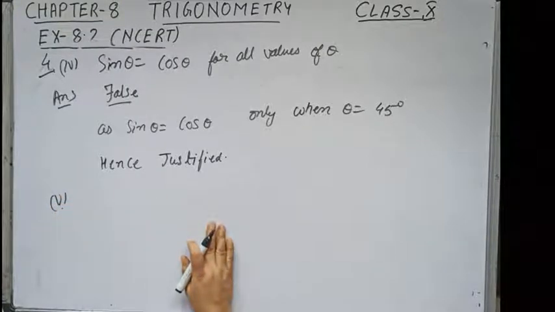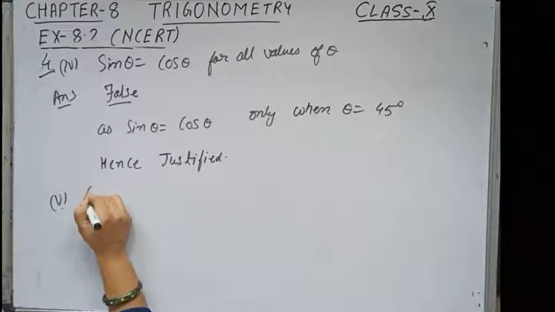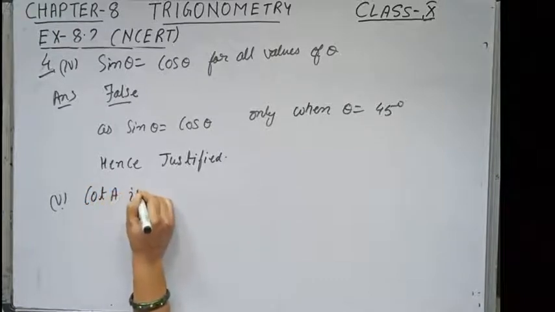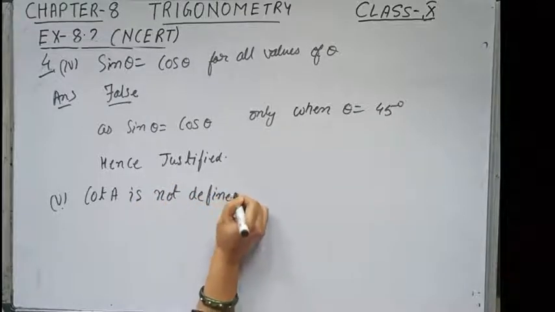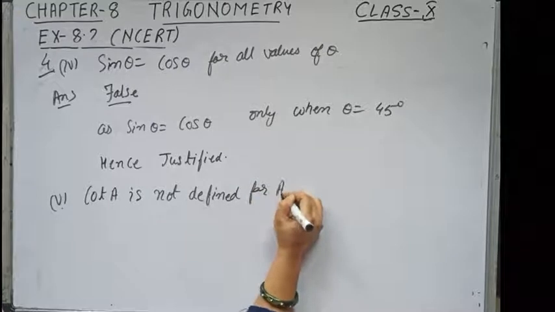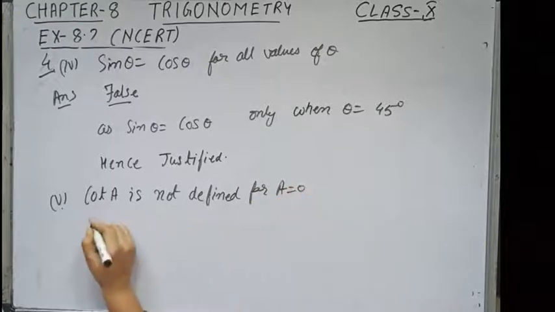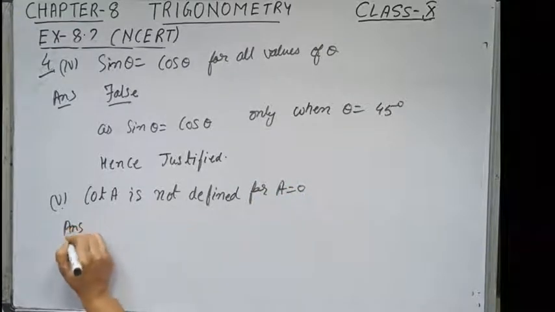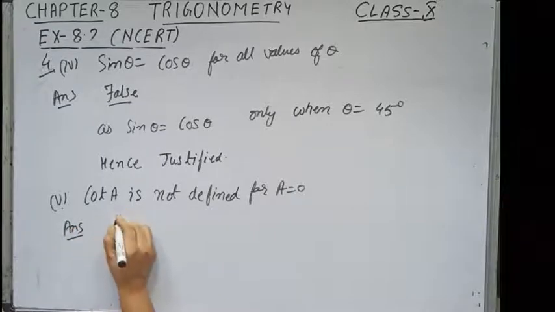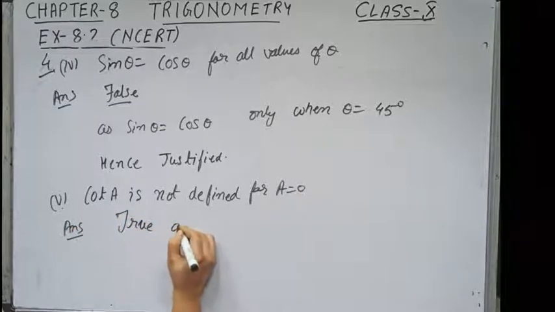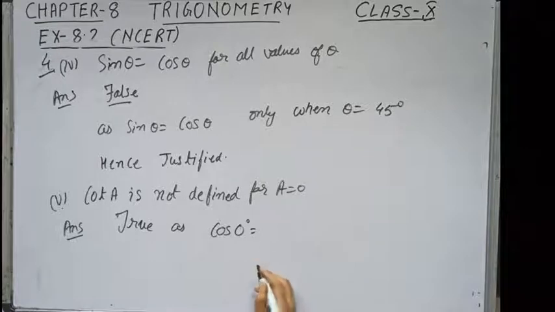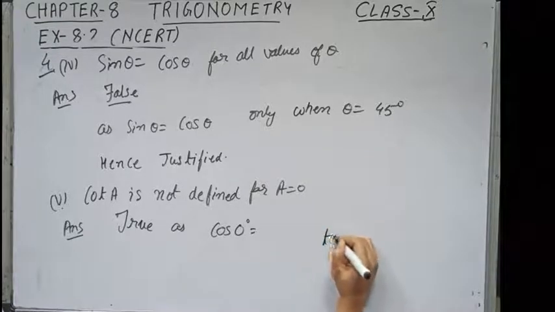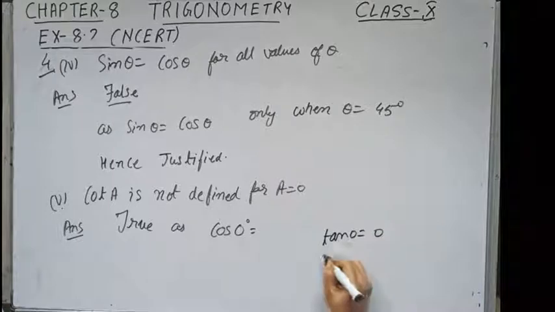Now number 5. Cot A is not defined for A equals to 0. Obviously children, my answer part will be writing true, as cot 0 degree. Now tan 0 value is how much children? 0.